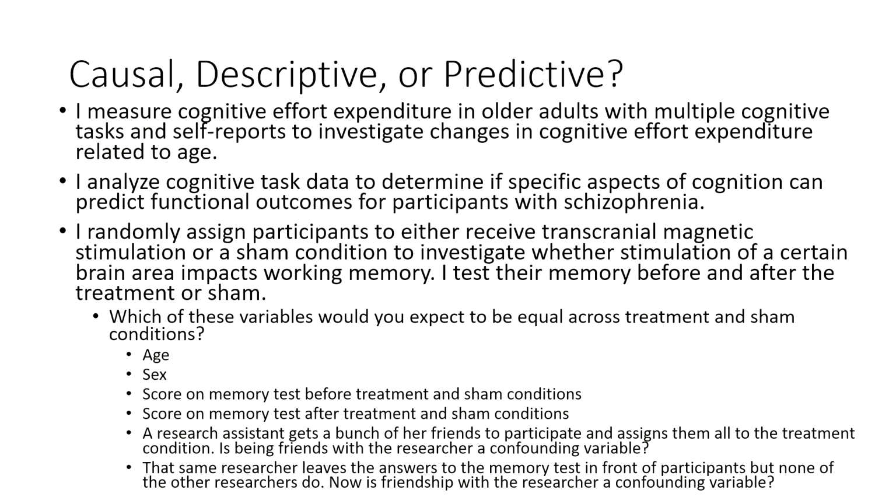Now, in this case, I made this question a little tricky, because we can see that being friends with the researcher is causing, I should say, one of these variables. All of your friends are now in the treatment condition.